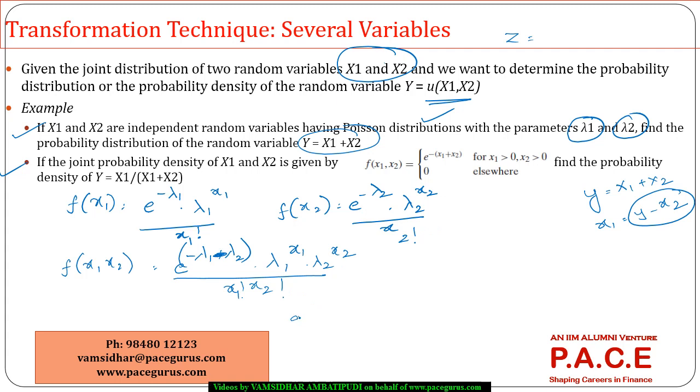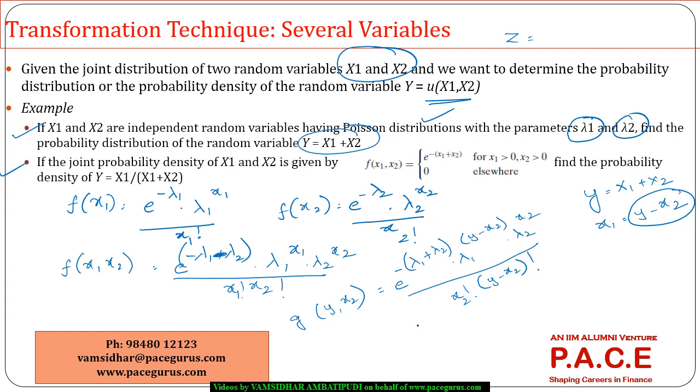Let me find g of y comma x2: e to the power of minus (lambda 1 plus lambda 2), lambda 1 to the power y minus x2 into lambda 2 to the power x2, divided by x2 factorial into y minus x2 factorial. So now we have the joint distribution between y and x2.